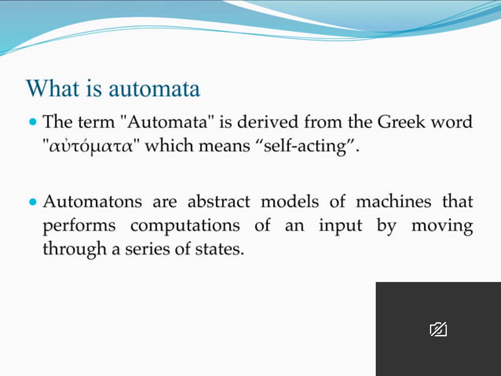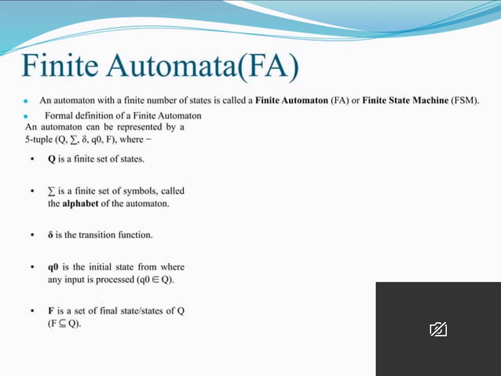If you take an example like a washing machine, if you start with one particular state, it automatically moves on to the following states and finally reaches one output. Like that, here also automata is nothing but a model of a machine that performs computations on an input and moves through a series of states.